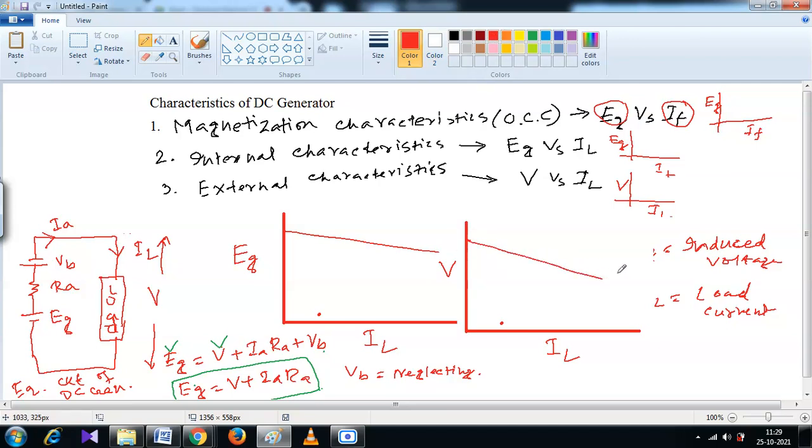The value of EG is greater than V. So if we plot EG against IL and V against IL, for a particular load current, which value is greater?